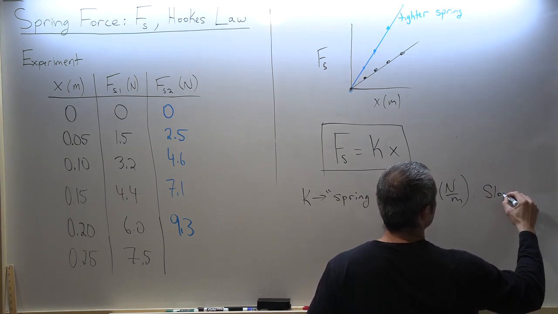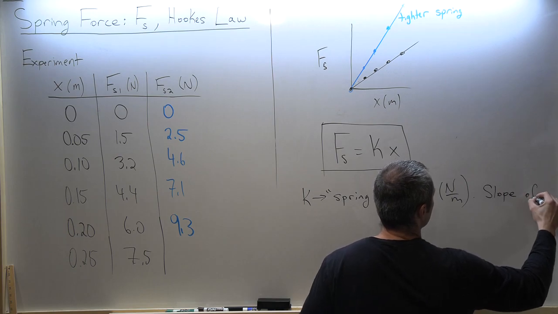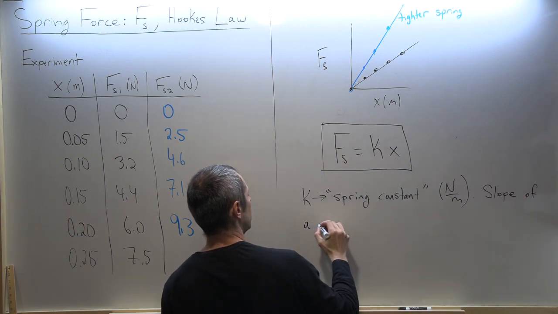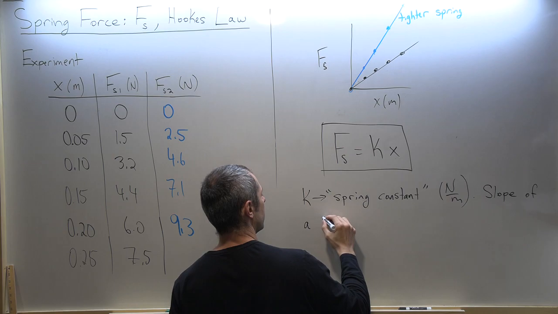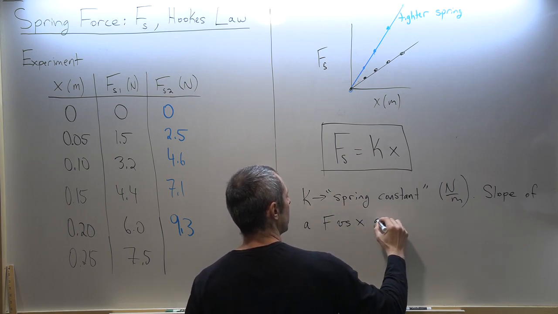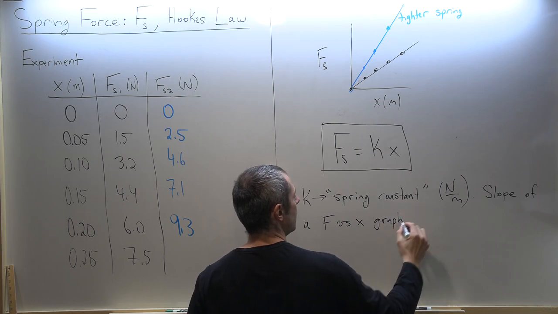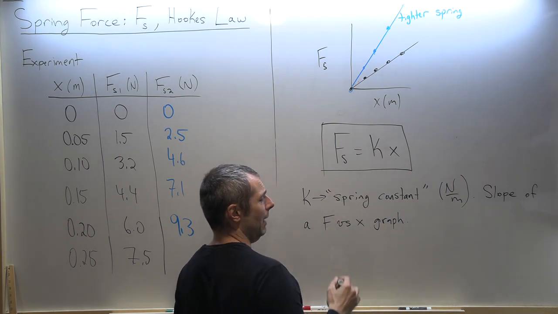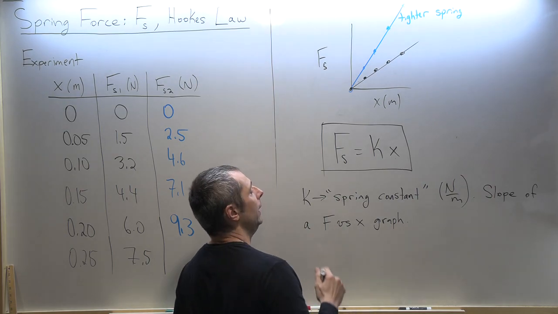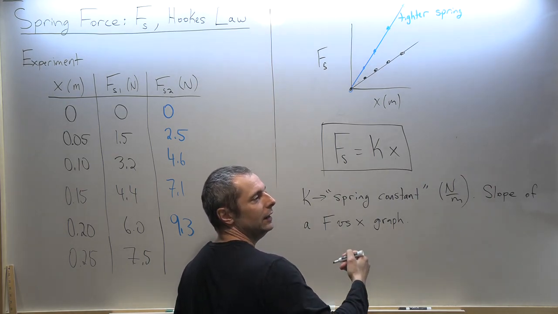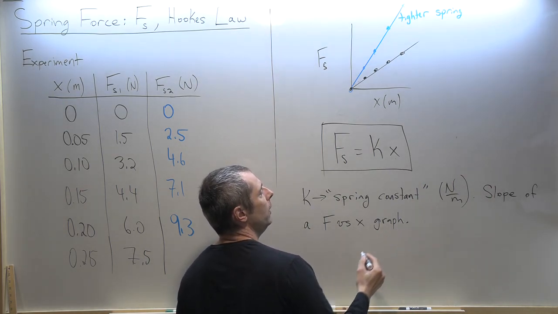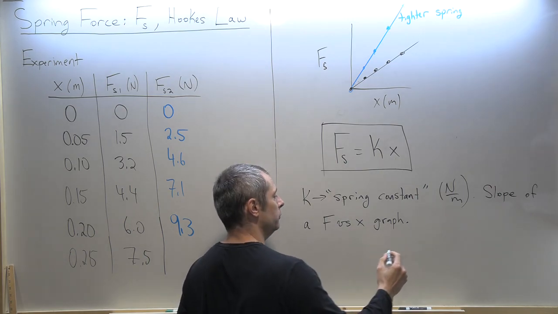it's the slope of the graph, so that's just mathematically what it is. But what does it mean in terms of concepts? It's a measure of how tight a spring is.